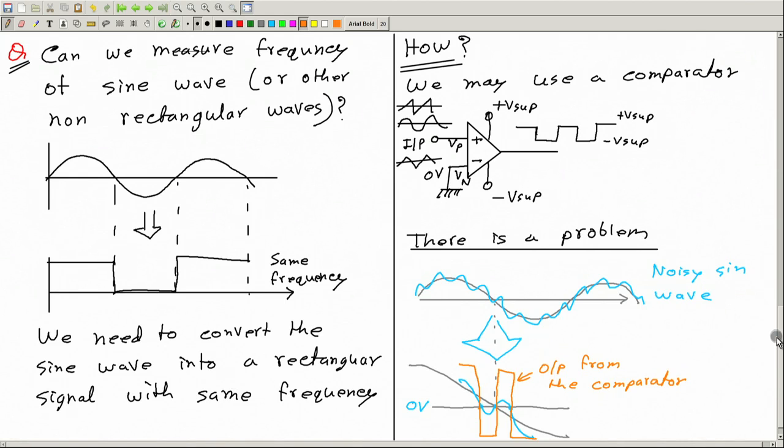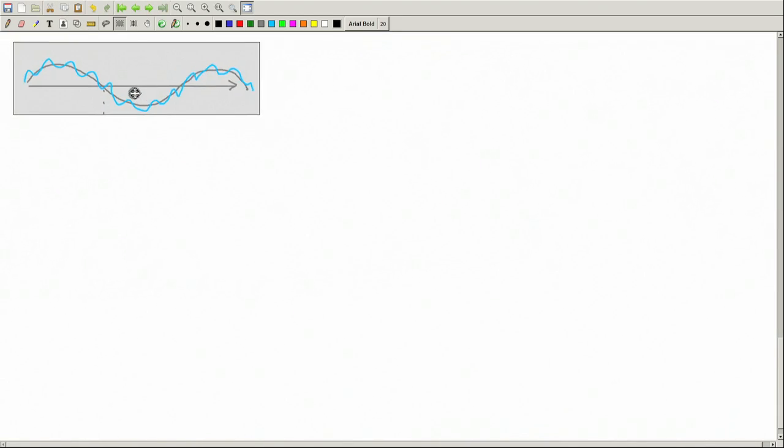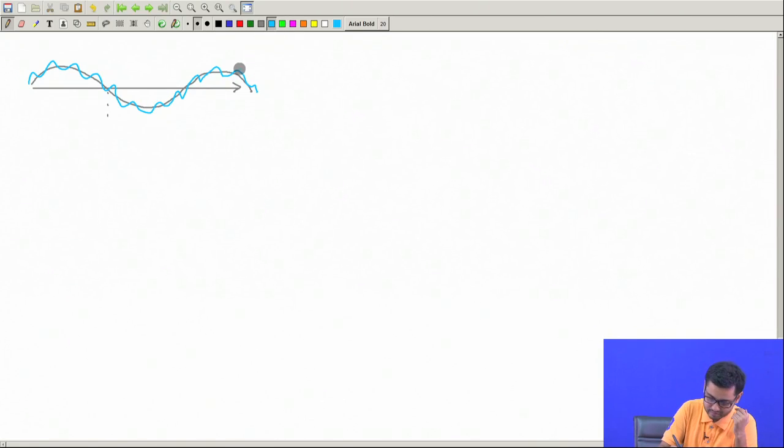Okay, so this blue line is the input to the comparator or op amp, and the output will be like this.